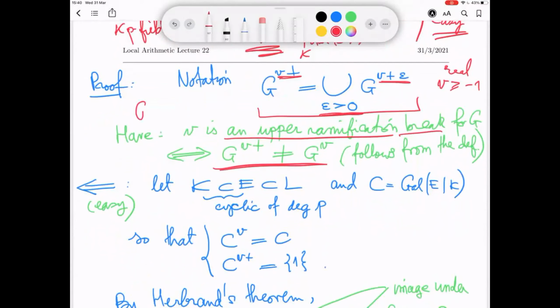Of course, G^{v+} is a subgroup of G^v in general, but it could be equal. If it's equal, v is not an upper ramification break. It's a ramification break if and only if G^{v+} is different from G^v.